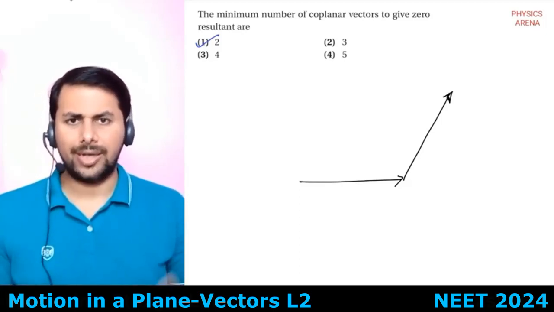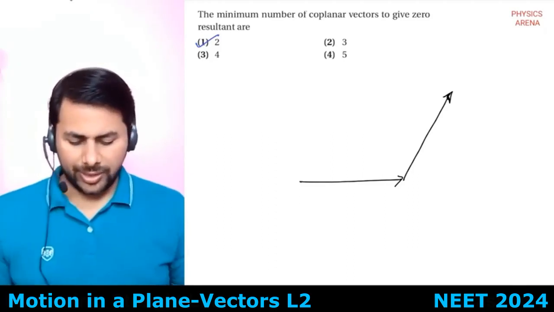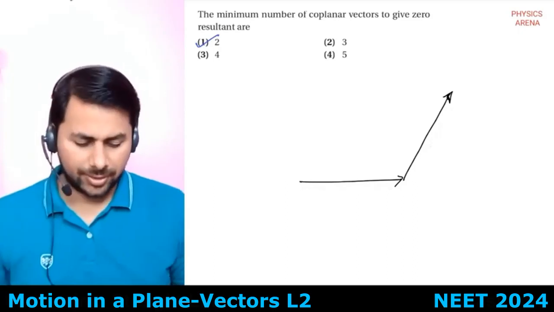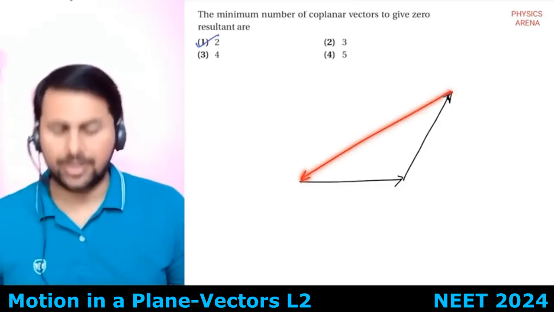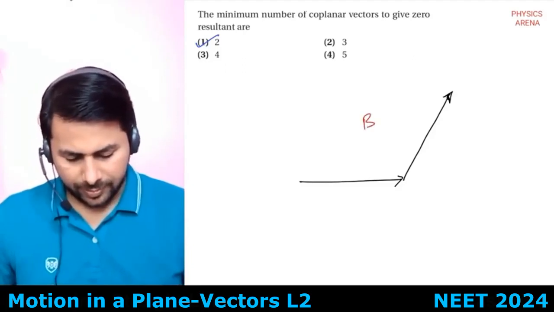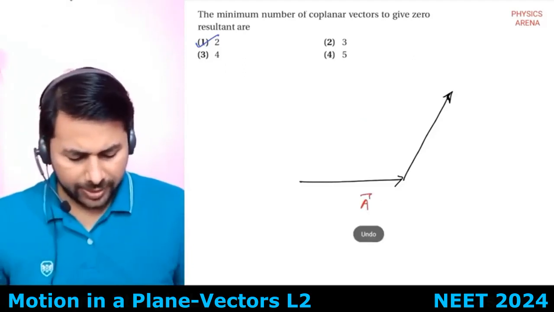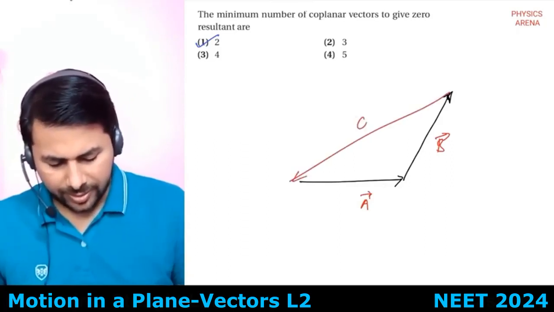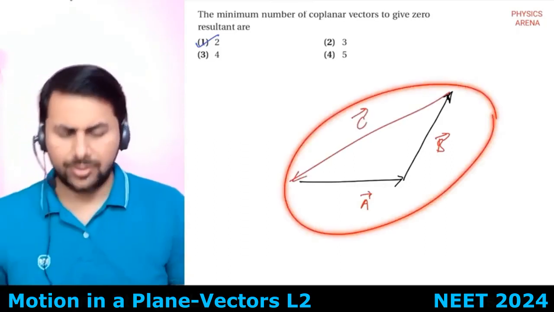So now what do you need? The plane will have this vector, and the resultant also. So that means I need this third vector only. Sorry, this is A bar, this is B bar, and this one will be C bar. Addition of these three is equal to 0.